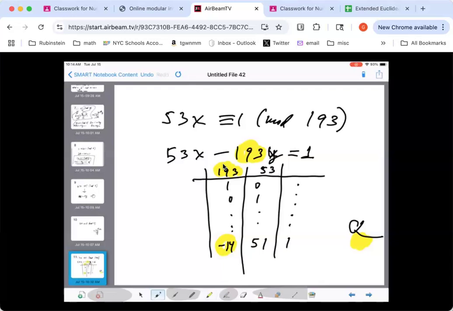And since it was, I'm done, because this means 53 times 51 minus 14 times 193 equals 1, which means 51 is actually the answer to the question. X equals 51.